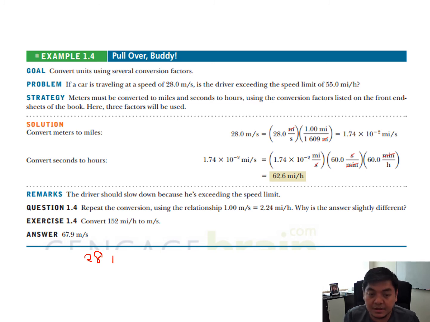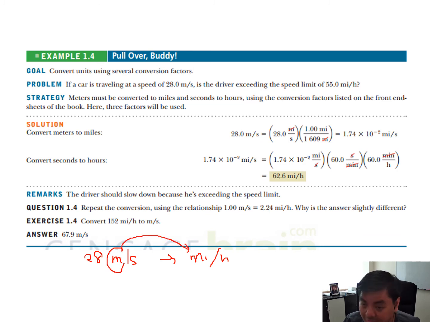In here we have meters per second, and if you want to convert from meters per second to miles per hour, you must do it properly. Why? Because we don't want to get confused: meter should be converted to miles and not the hour, and of course seconds we should convert to hours. So we must do it properly for us to understand the concepts of cancelling, how to cancel top to bottom, numerator and denominator.